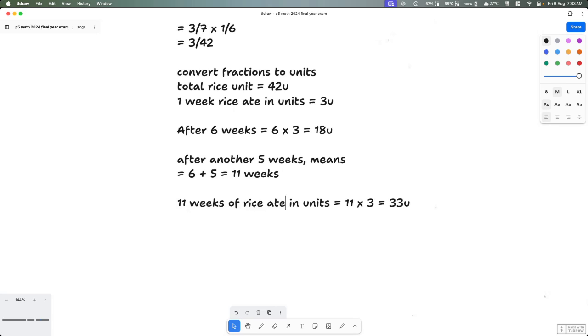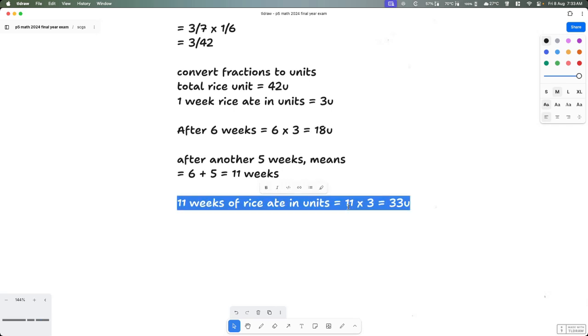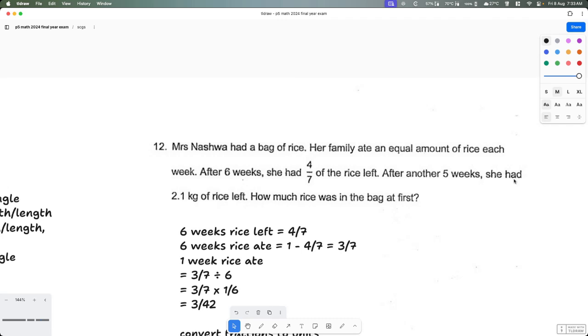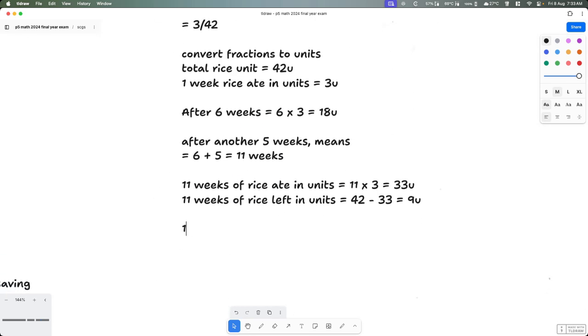Okay, that means what is left? 11 weeks of rice left in units is equal to 42 minus 33, because total is 42, right? And this will give us 9 units. And then we also know that she had 2.1 kg, so 11 weeks of rice left is 2.1 kg.